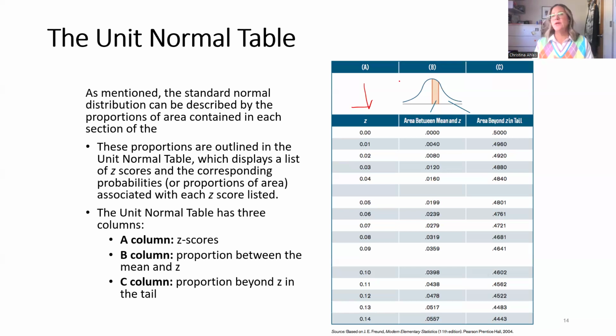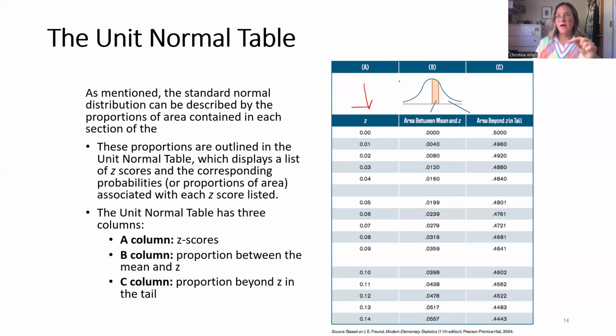So if I was looking for a proportion at -1, it would be the same. I would just look up 1, and then I would have to realize it's on the left-hand side, but it would be the same thing because it's just a reflection.